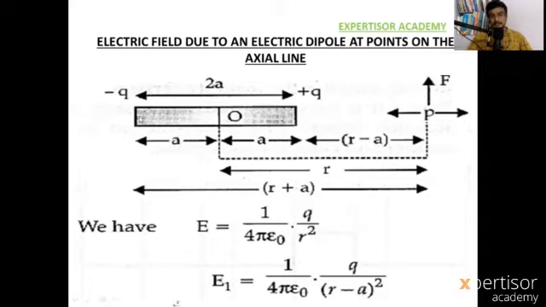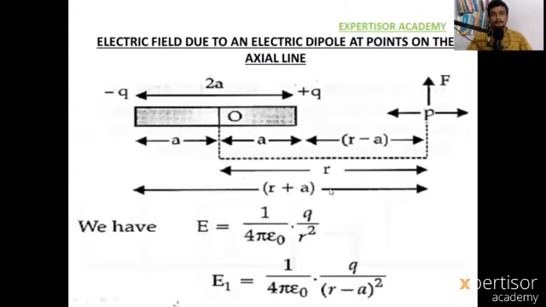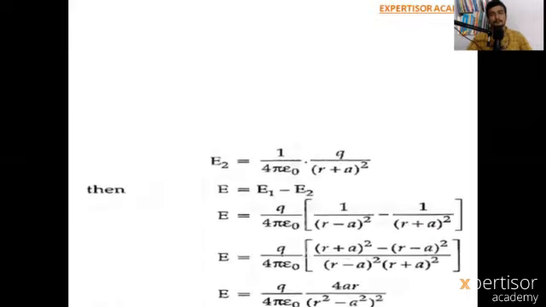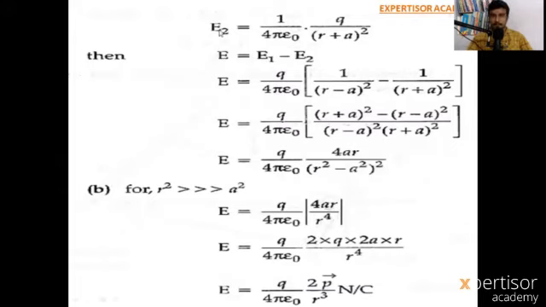Coming to the next charge, that is minus Q. The electric field created by minus Q is E2. By using the minus Q charge, we have another electric field, E2 is equal to 1 by 4 pi epsilon naught into Q divided by (R plus A) whole square.